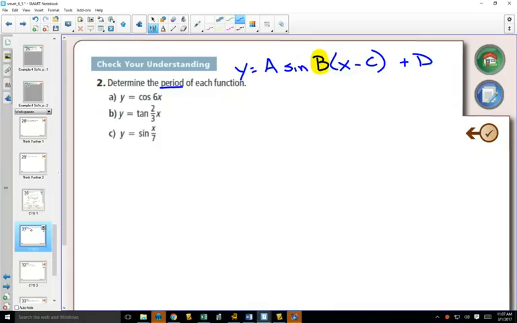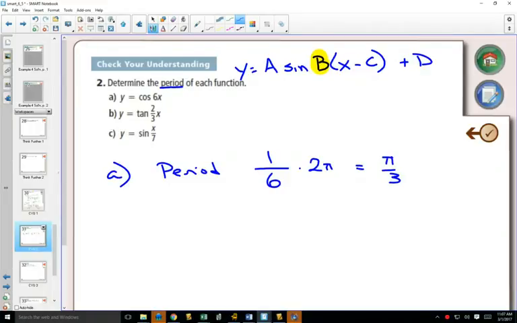So for A, cos of 6x, that's going to be a horizontal compression by 1/6. So if the period was 2 pi, does it make sense that your period is now going to be 1/6 times 2 pi? Because we're going to compress it horizontally. And if we reduce and simplify this, this just becomes pi/3.